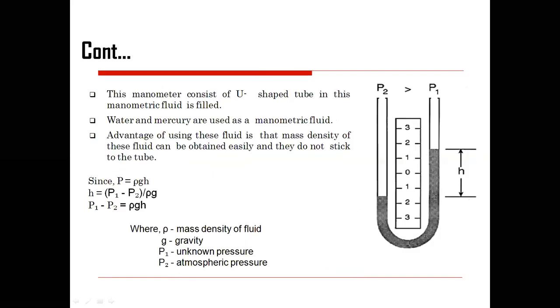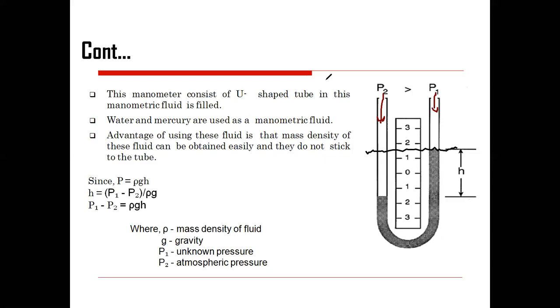The first one is the U-tube manometer. Now we are going to consider an example. When my pressure is 0, the level remains the same, shown with the black line. With the red line, I represent pressure P2 applied to leg 2 and pressure P1 applied to leg 1.